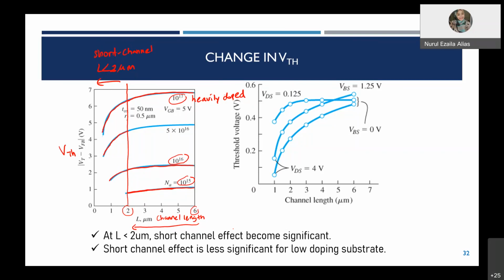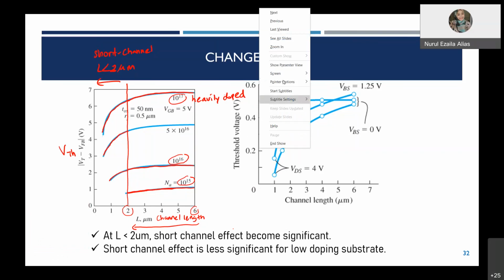Same goes for the right figure, which is actually the same thing. However, now they vary the voltage. Here we just look at the left figure, the case for doping, length, and threshold voltage. However, on the right side, they look at different voltages applied at VDS.